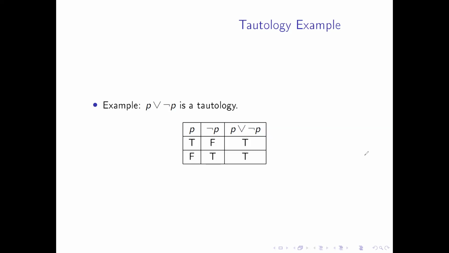Let me add on a column. If I said P and not P, well, that's always false, so this would be a contradiction, while this is a tautology.